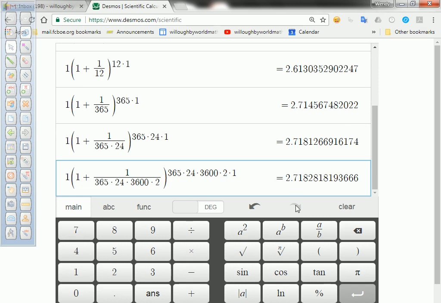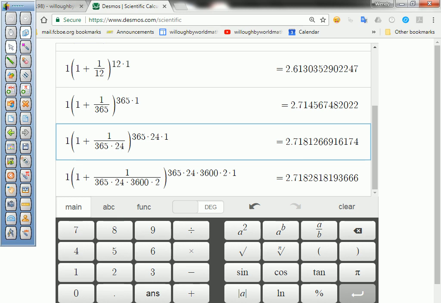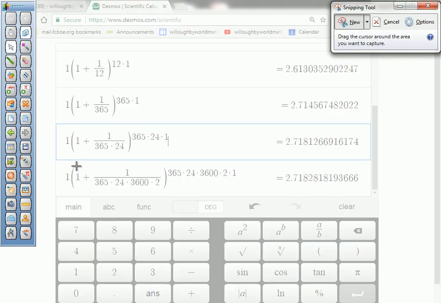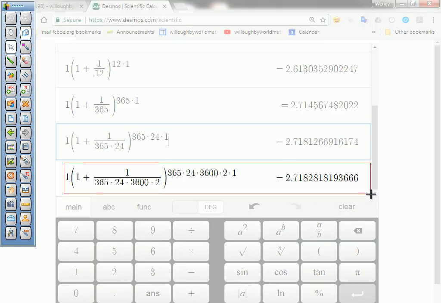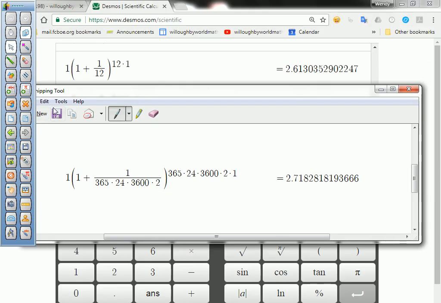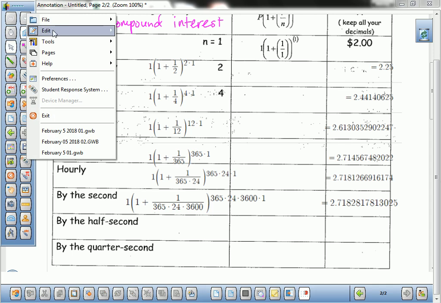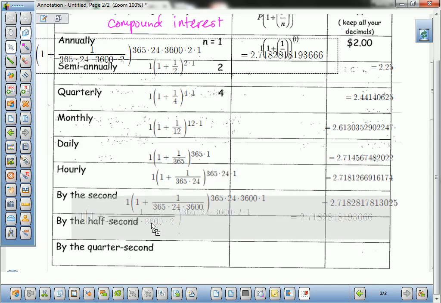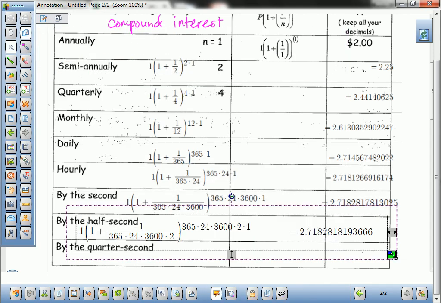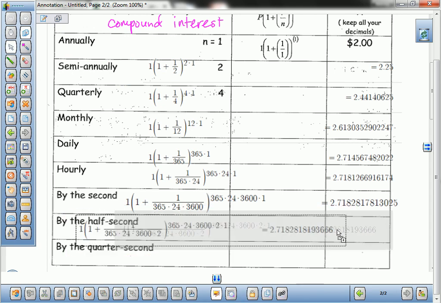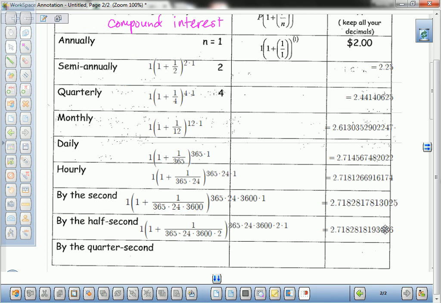Okay, and that's what we get. They differ a little bit. All right, we'll shrink it up so it can fit in here a little better. These are starting to look very, very similar, aren't they?